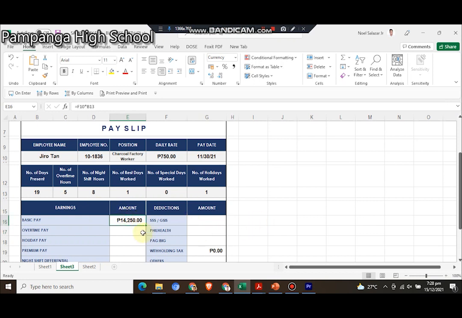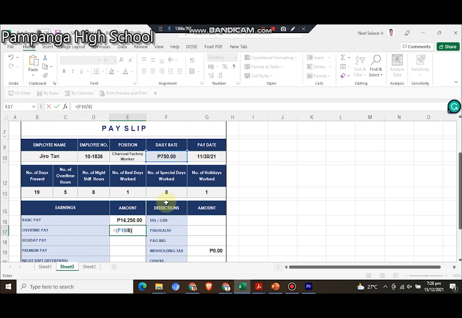For the computation of overtime pay, you should identify first how much is the rate per hour by dividing the daily rate by 8 hours. The formula then is equal sign, open parenthesis, F10, which is the daily rate, divide by 8, close parenthesis.